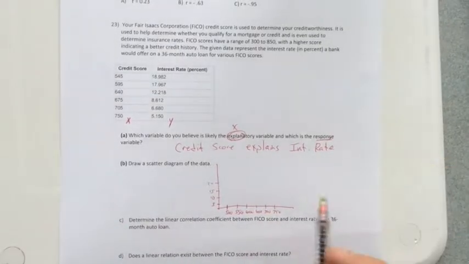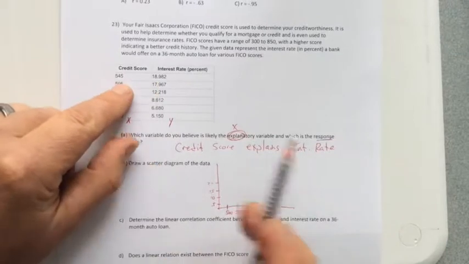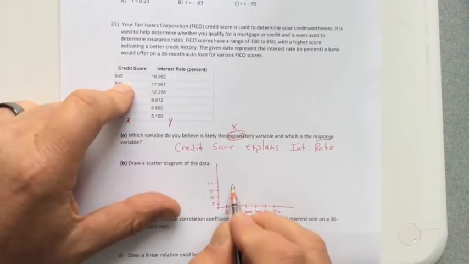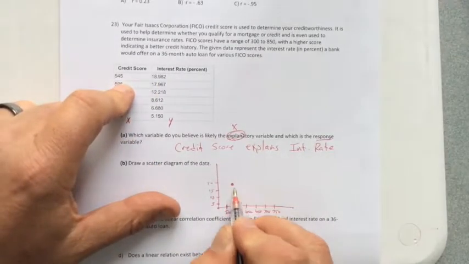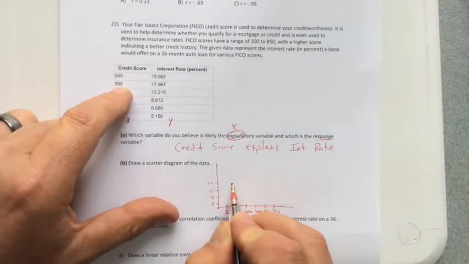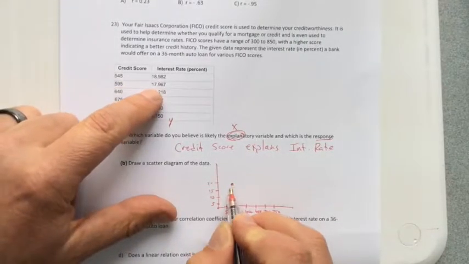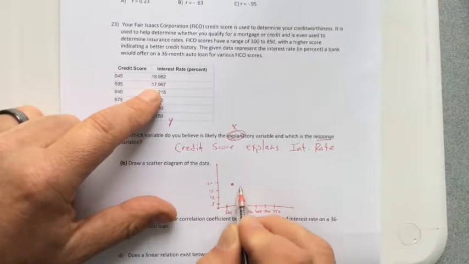Okay, now we just try to put the dots in there. So 545 is about 19. So go over to about 545, up about 19. About 600 is about 18, so about 600 is just under that one.